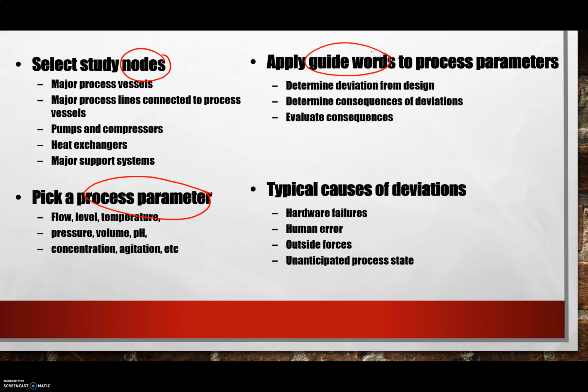If you already understand which one is your notes, your process parameters, and guide words, this combination of guide information will help you to identify the cause of deviation, or your hazards. Later on we will see how this can be translated into HAZOP studies.